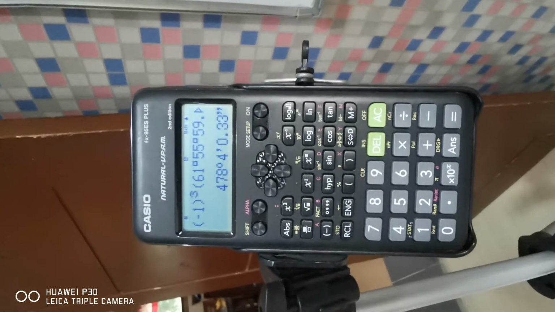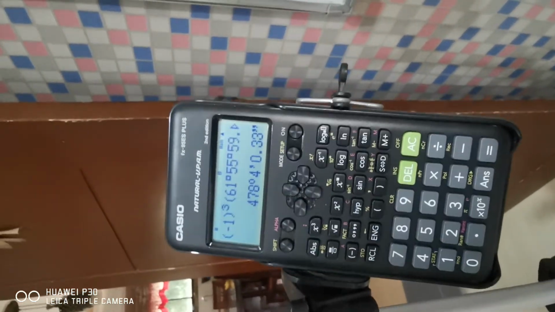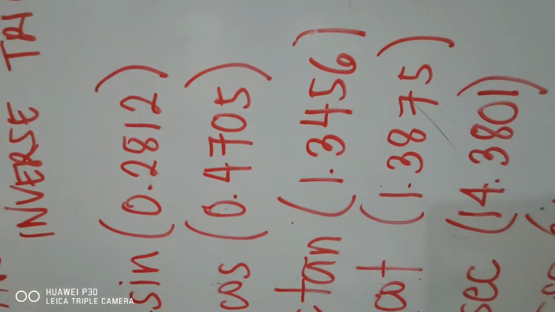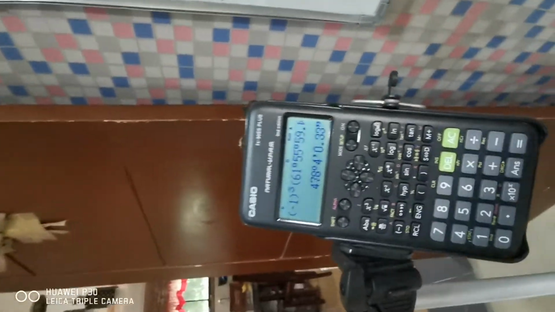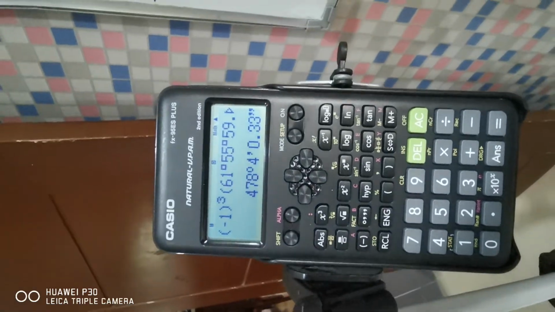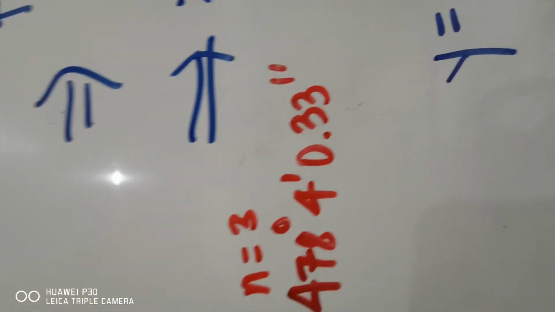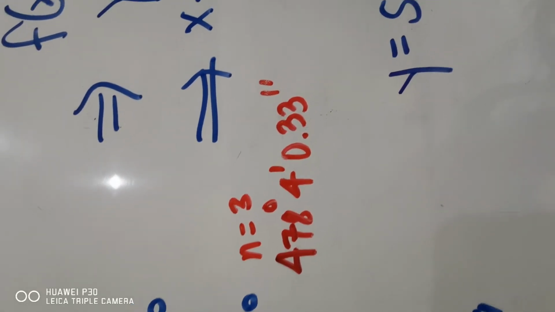Take note, we are trying to get an angle measure. Now, suppose we would like to get the function value, and let's see if we can arrive at the same approximation. You have to remember those values. When n is equal to 3, we have the angle measure 478 degrees, 4 minutes and 0.33 seconds.